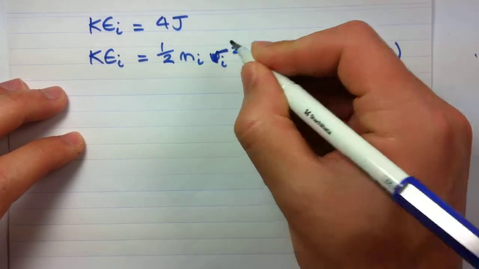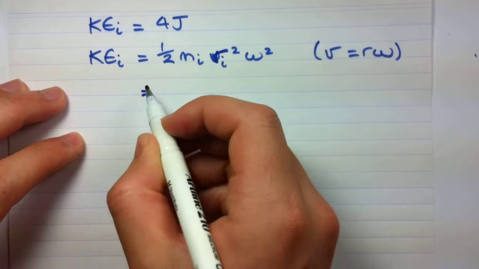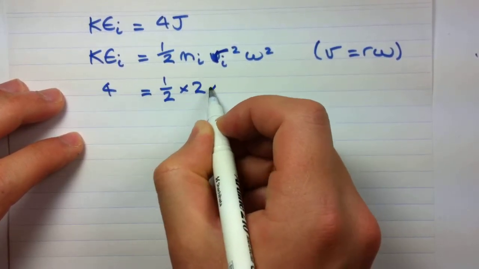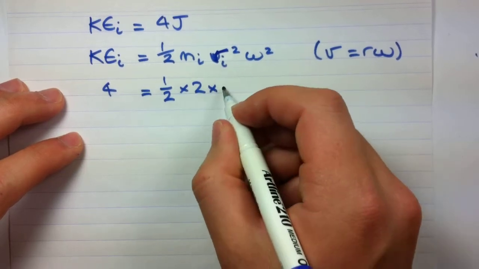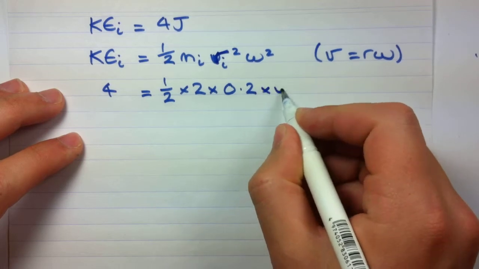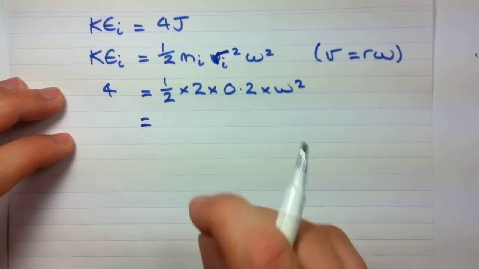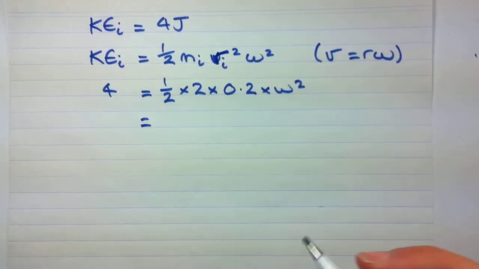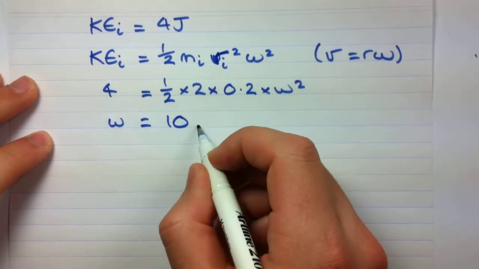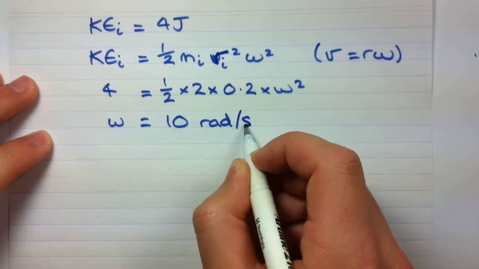So we can now sub in what we know. The radius, if you'll recall, was 20 centimeters from the axis of rotation, and omega squared is what we're trying to find. If we do some rearranging, we end up with omega equals 10 radians per second.